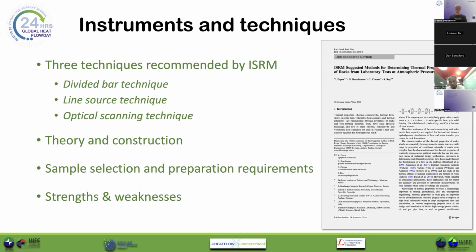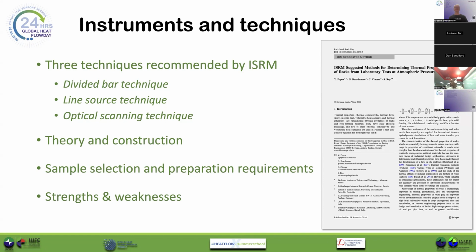It was a product of the International Heat Flow Commission in 2017, I think it was 2016. So this is the de facto standard recommended way to measure the thermal conductivity of rock material.